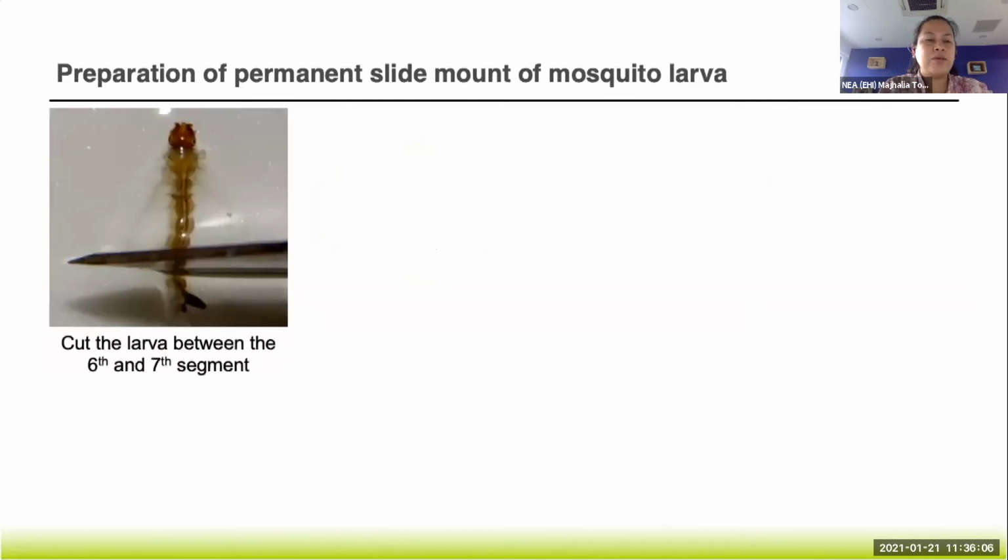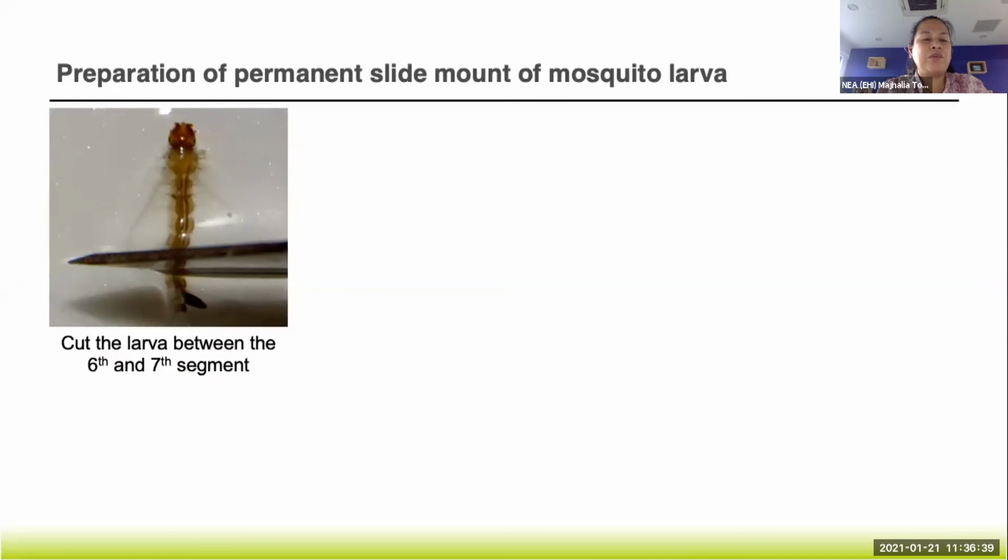So once you have your sample arranged on the slide under the euparal essence, because your siphon is actually pointing upwards, that means your comb scales are not fully displayed. So what you have to do is cut between the sixth and the seventh segment. You can cut closer because your sample is actually on the eighth segment.